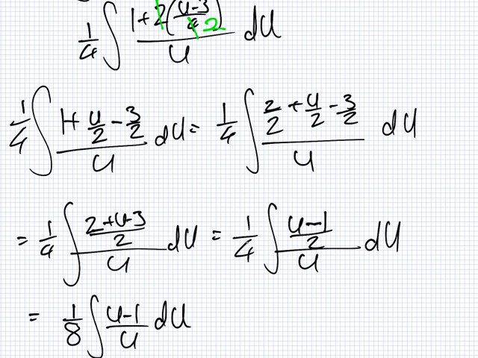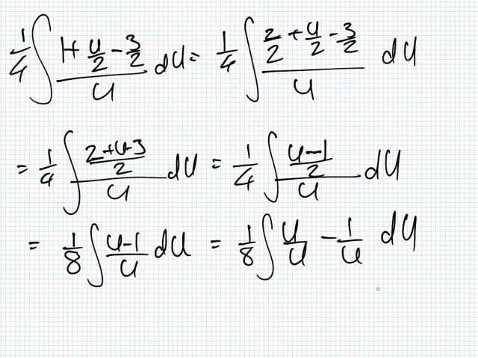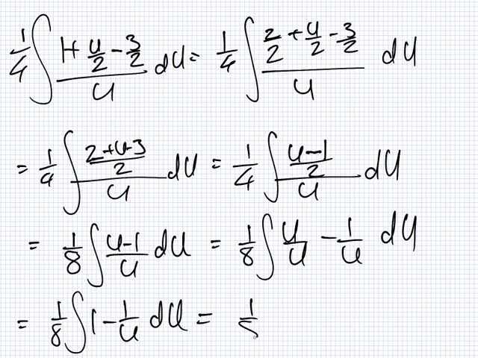So I can take the 2 out as well, which is an eighth of u over u minus 1 over u du, which is an eighth of 1 minus 1 over u du, which is an eighth.